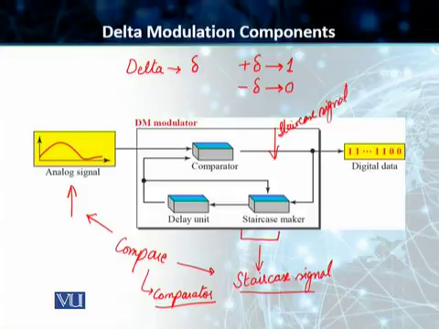Students, once again, if the next bit is 1, the staircase maker, it moves the last point of the staircase signal, which is your delta, up. And if the next bit is 0, it moves the delta down. And as I told you, the last piece is a delay unit, and it's just there to hold the staircase function for the period between the two comparisons.